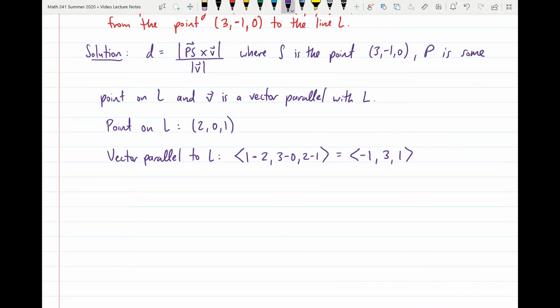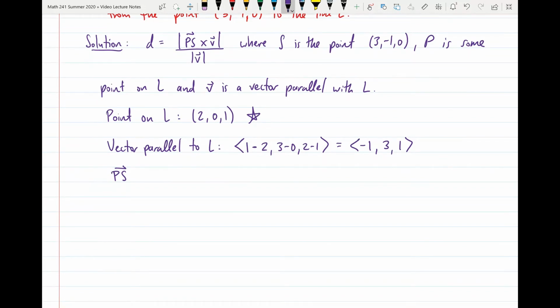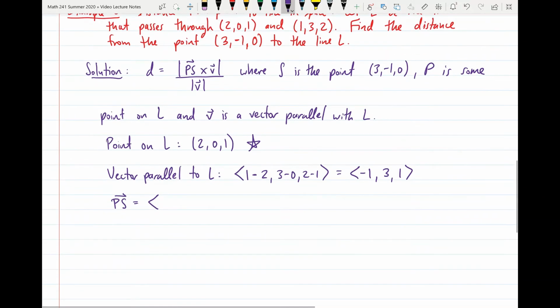And from here we need to find the vector from P to S, where again P is this point on the line that we specified up above. And we can find that in component form by taking 3 minus 2 as the first component, -1 minus 0 as the second component, and then 0 minus 1 as the third component.